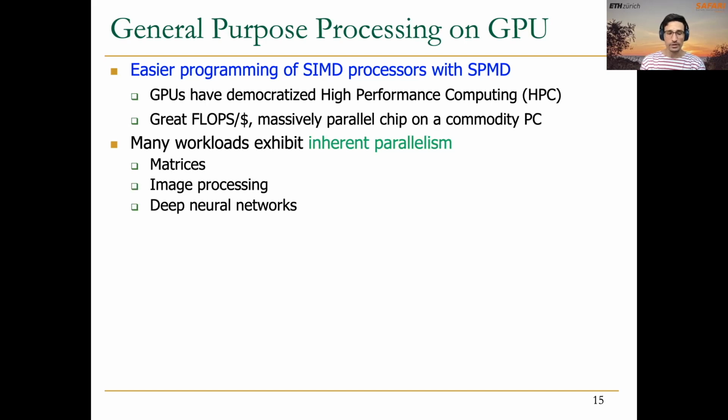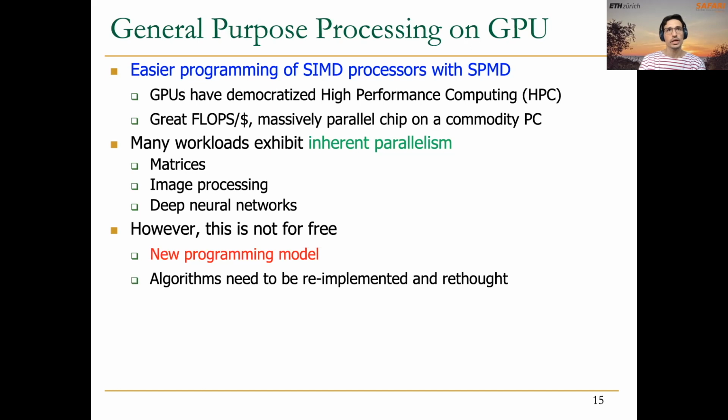Actually, using these processors makes sense for many important workloads, because many important workloads exhibit inherent parallelism. If we look at matrices, images and image processing, or more recently deep neural networks, we will see that there is a lot of inherent parallelism, and in particular, a lot of data parallelism that is best suited for GPU architectures.